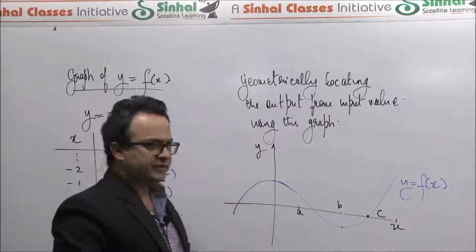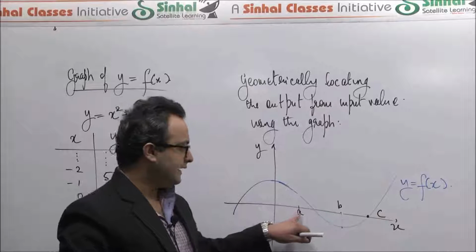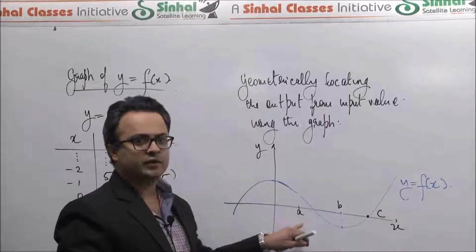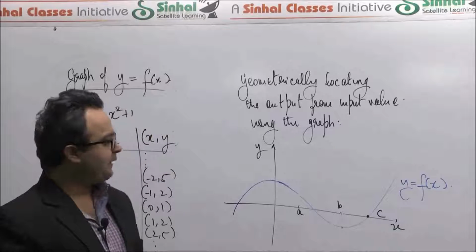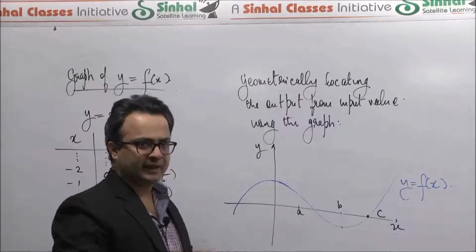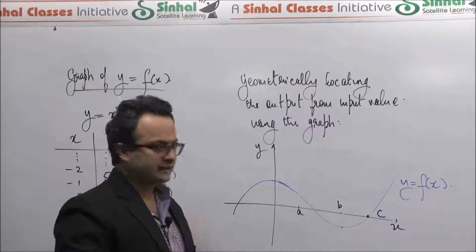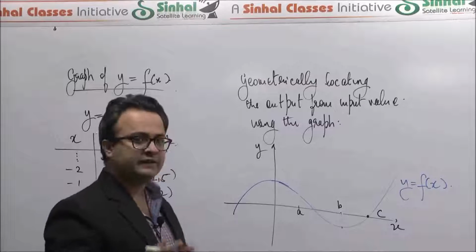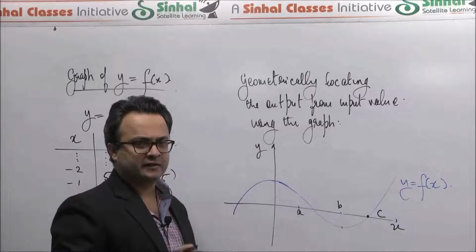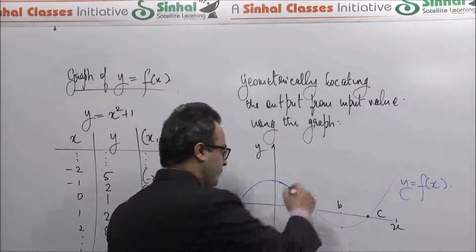So it's again a simple, straightforward idea. The value of the function at x equal to a, how will you obtain that value? You'll basically draw a line parallel to the y-axis through the point x equal to a. Given that this is the graph of a function, that line will intersect the graph at exactly 1 point. Right?